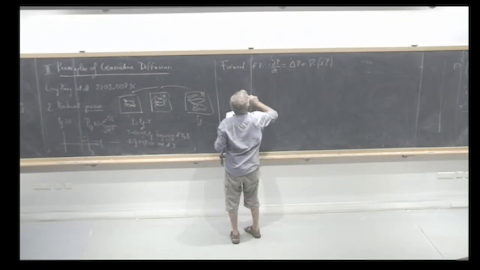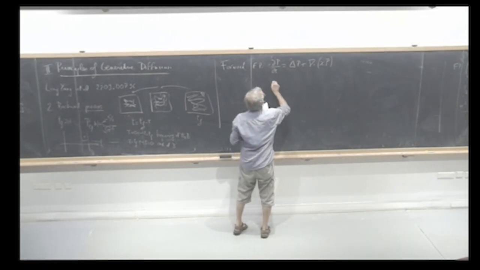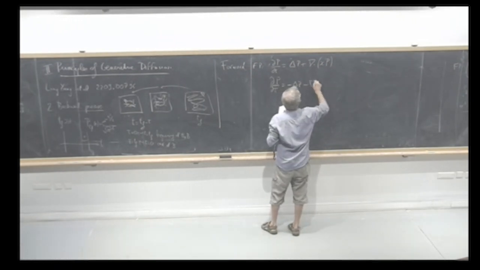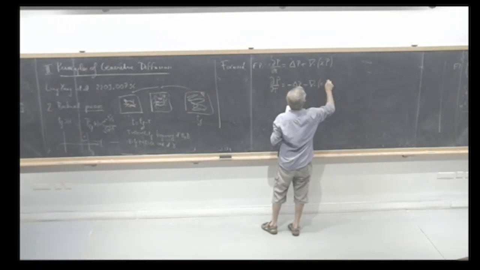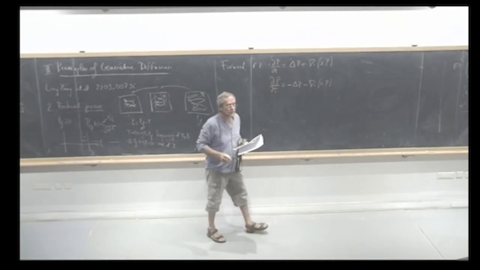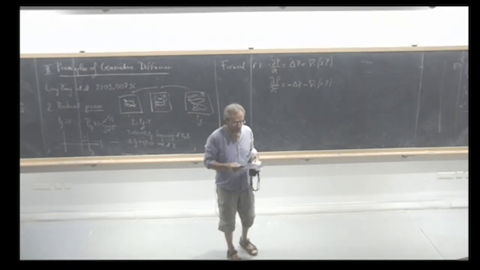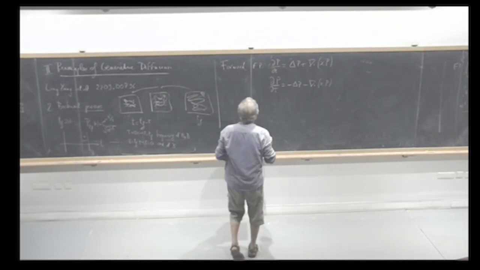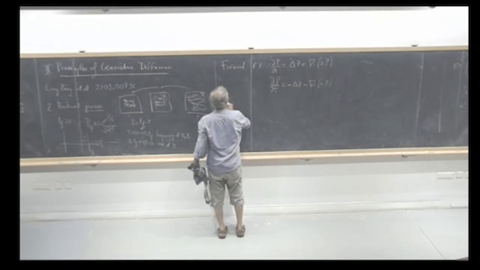And now, if I reverse time, I will find that dp/d tau is equal to minus Laplacian p minus divergence of x times p. Okay. Just change the sign of the derivative. Now, the trick is to find a Langevin backward process.